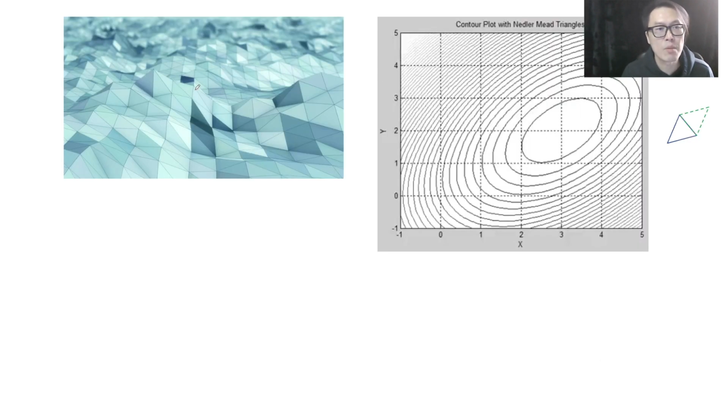Now right here, assume that this is a landscape. That means the blue space right here is the function of x. Because this is a two-dimensional space, for example, this is x1, this is x2, and when you talk about the height, we have the height, that is f of x1, x2.